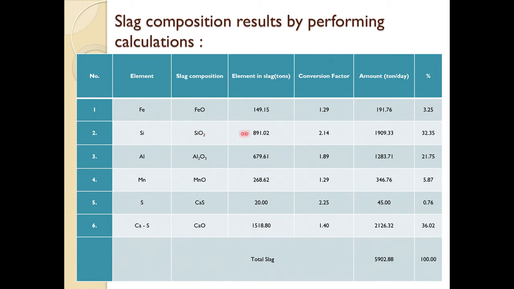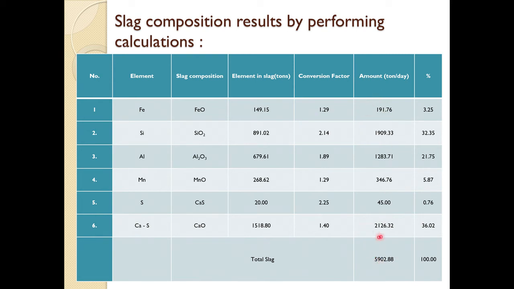In a similar way we do the calculation for these other oxides, and you can then calculate the percentage of these oxides in the slag. As we said, once we know tons per day for all of these oxides, we can add them up, so we can get the total slag.